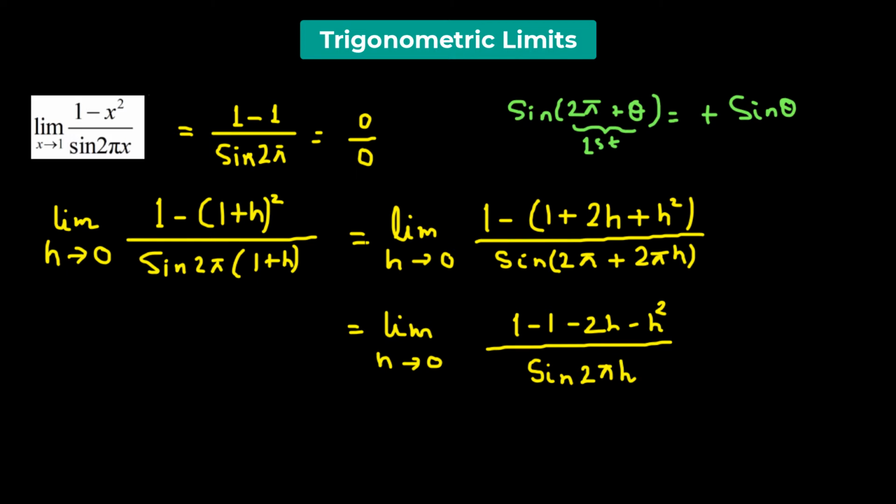Now we can cancel the 1 in the numerator. So we have 1 and negative 1 cancelling out each other. So that leaves us with limit h tends to 0, negative 2h minus h squared divided by sine 2 pi h.